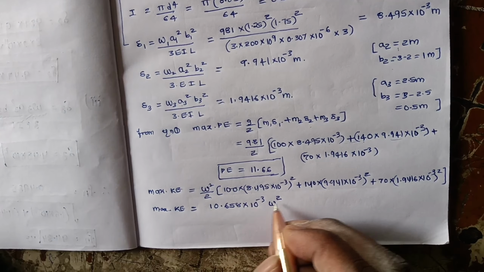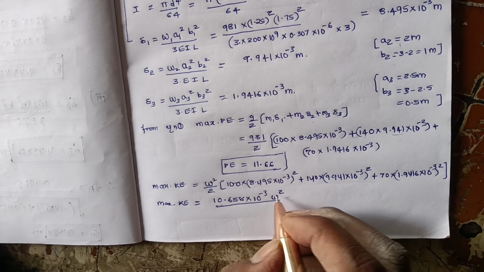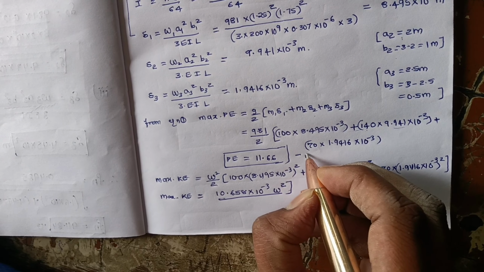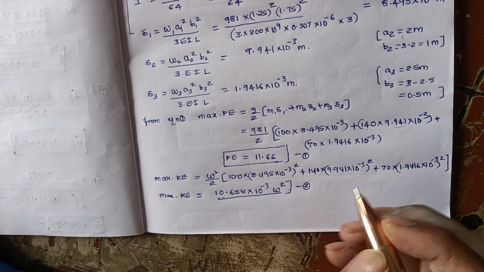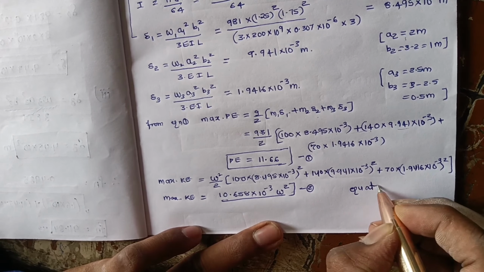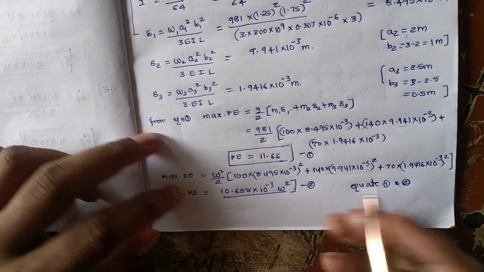For that, you have to find out the omega n value. That means you have to equate the equation 1 and 2 values. Equate 1 and 2.